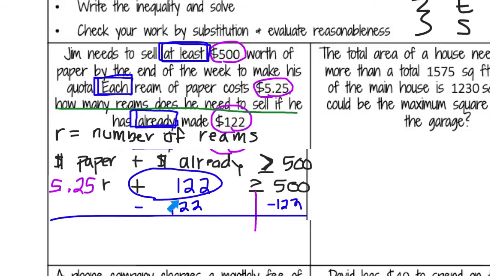What I do on the side of the variable, I have to do on the other side as well. That cancels these guys out. And I still have 5.25r is greater than or equal to, and then 500 minus 122 is 378.